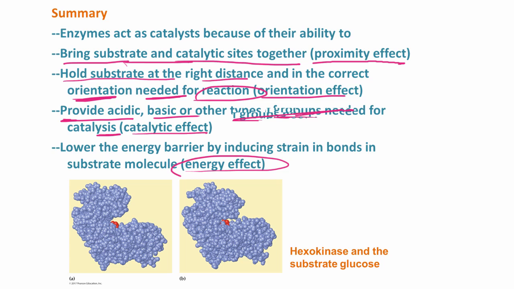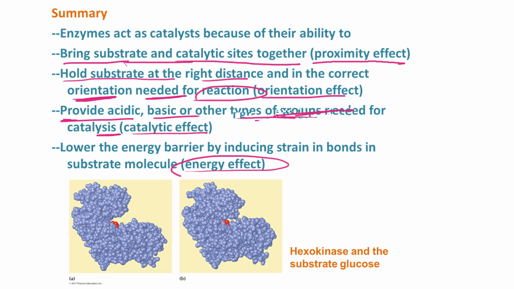So it's going to take less energy to distort the bonds rather than break the bonds. So the energy is lowered, that energy barrier, remember, that activation energy, is lowered because strain is induced in the bonds in the substrate molecule rather than the bonds being broken.